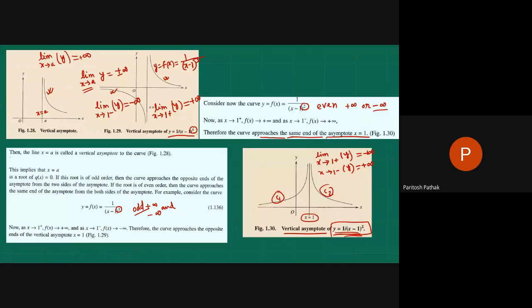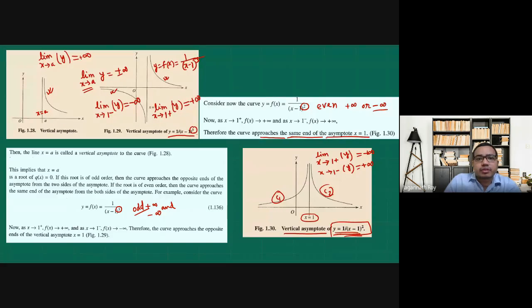But here, suppose x equals 1 and the function is y equals 1 by x minus 1 whole cube.